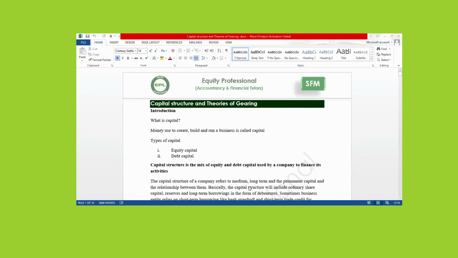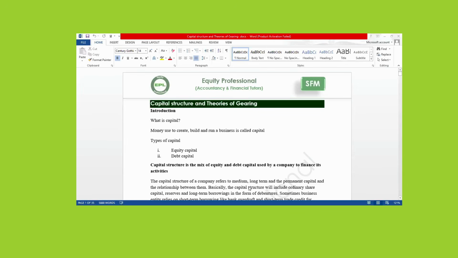If you don't know how to combine your capital, that can increase your cost of capital. If your cost of capital increases, that can reduce your profits. If your profit reduces, that will affect returns to the investors.